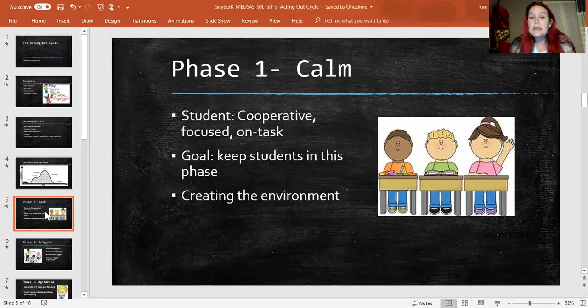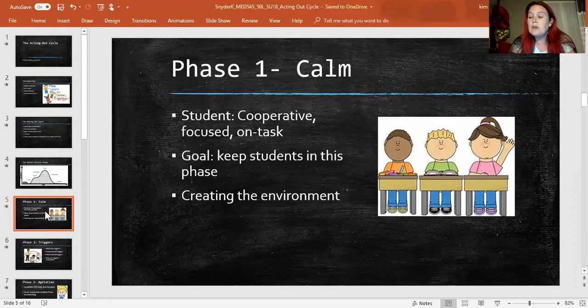You can encourage this by having a classroom management plan, by teaching and practicing the rules and expectations, by creating a safe and positive community environment where students feel comfortable to express themselves. It is always important to ensure that all the students' physical, emotional, and social needs are being met.